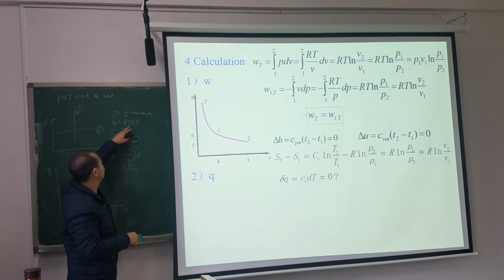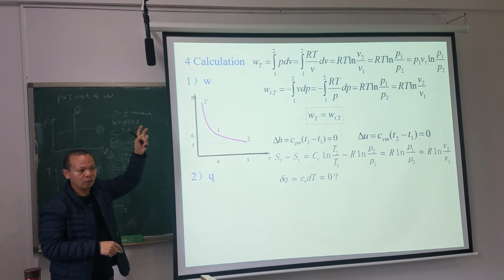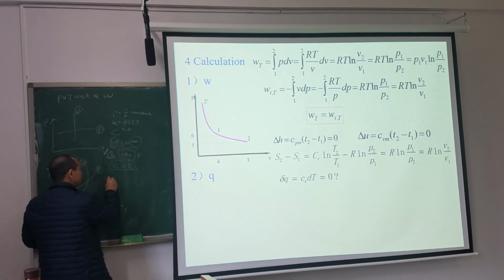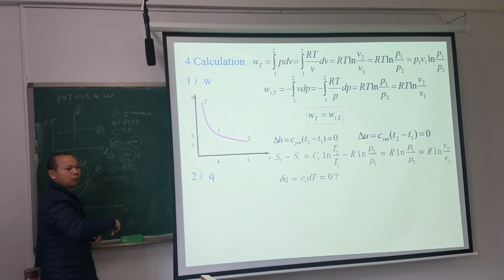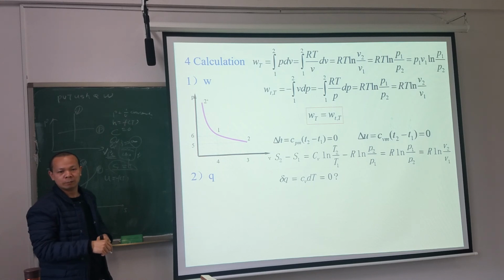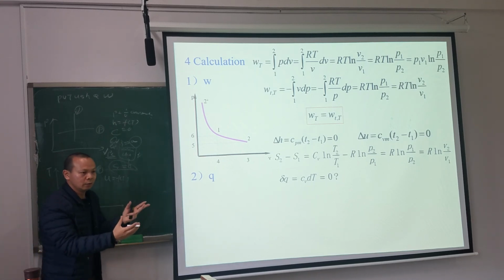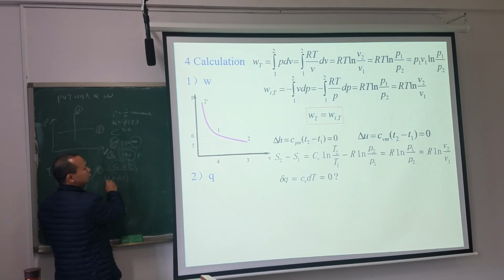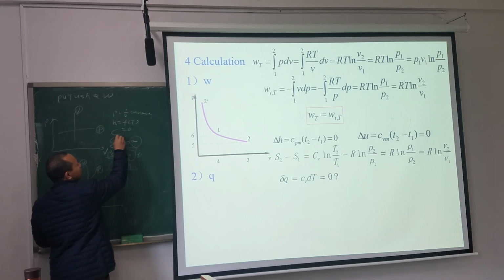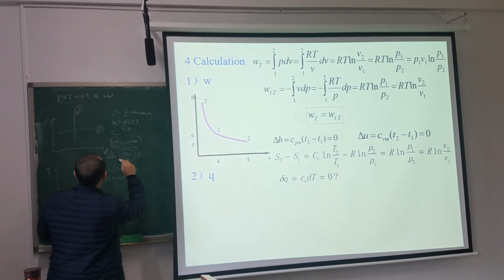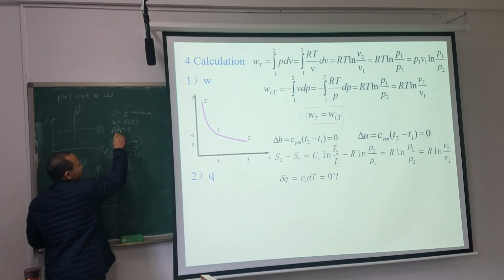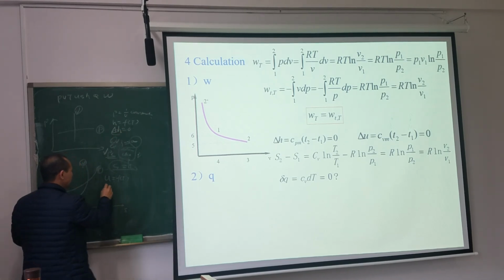So we can use this one to calculate delta H. The same for U. U is a function of T, it's an ideal gas function of T, because the T did not change. Delta H is equal to 0, and delta U is equal to 0.